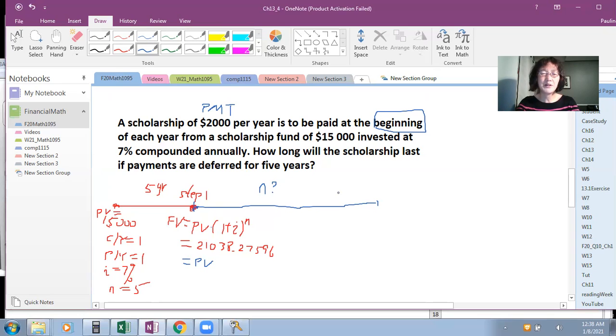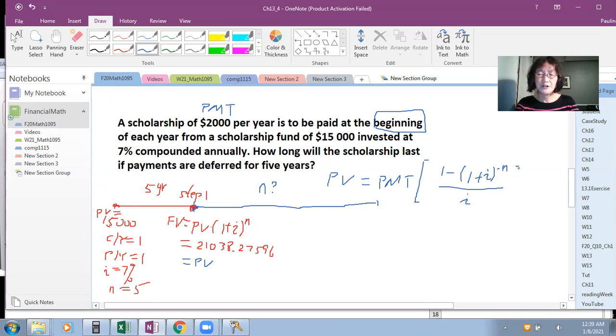So remember, present value for annuity due: PV equal to PMT times (1 minus (1 plus I) raised to power negative n) over I.